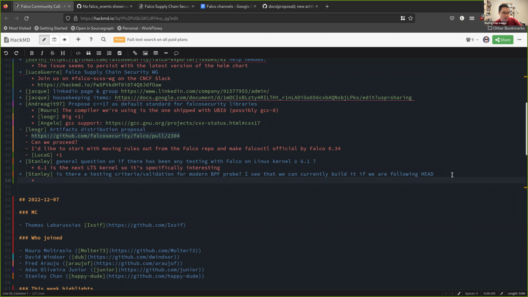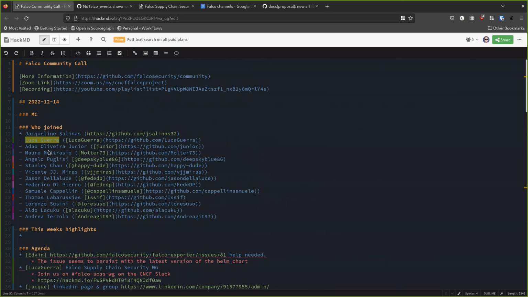I pulled in the latest changes, and I saw that we can build the modern BPF probe, and I was wondering if we can expect everything to work the same way as the old legacy BPF probe. Is there any performance regression or improvements that we can expect?